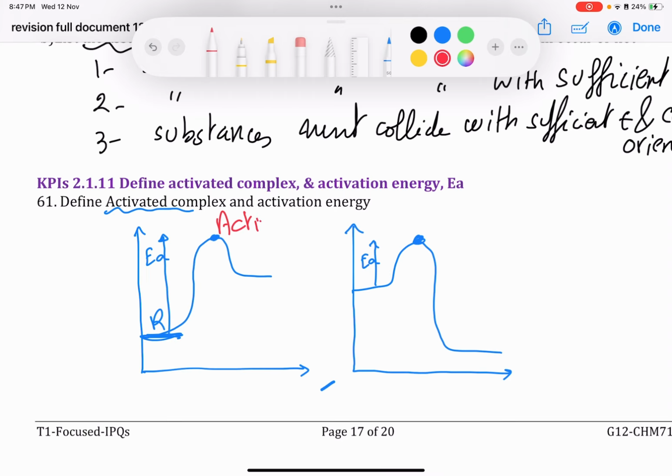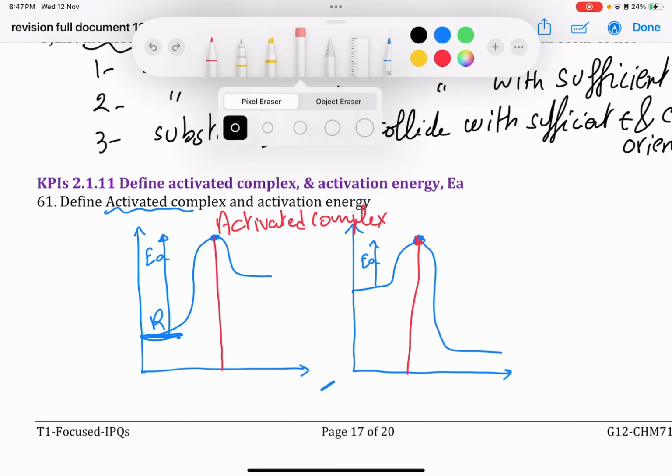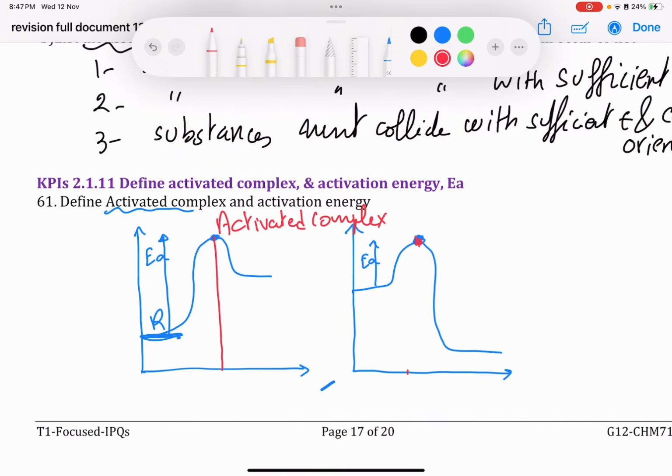So this is the activated complex, and the energy needed to reach it, from the enthalpy of the reactants to the activated complex, is called activation energy.